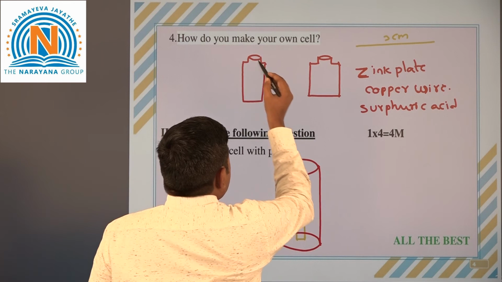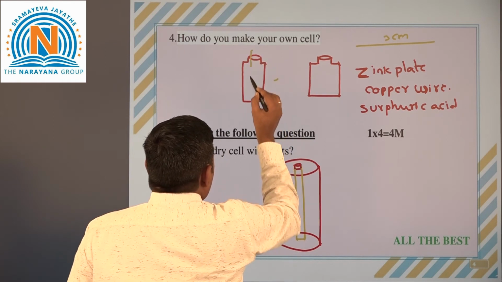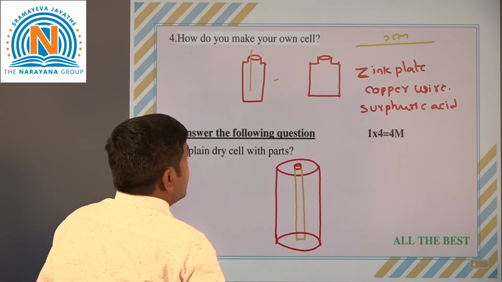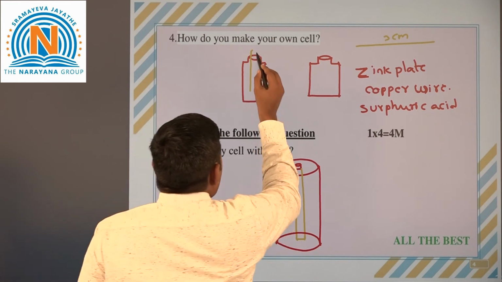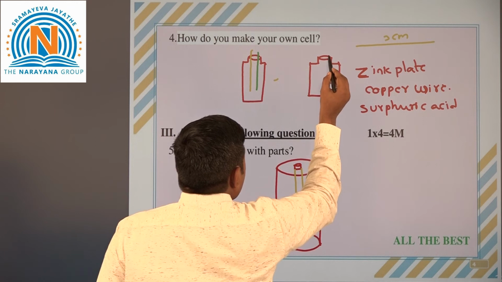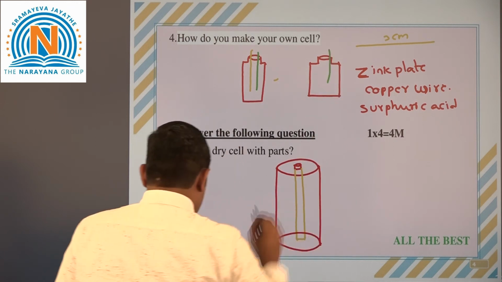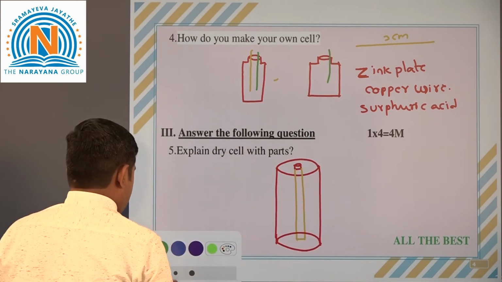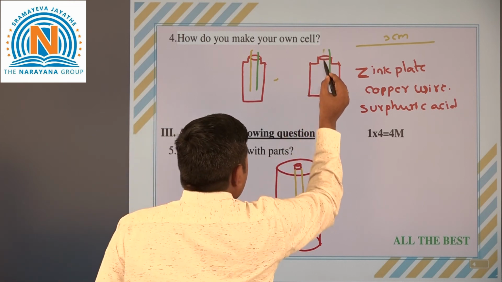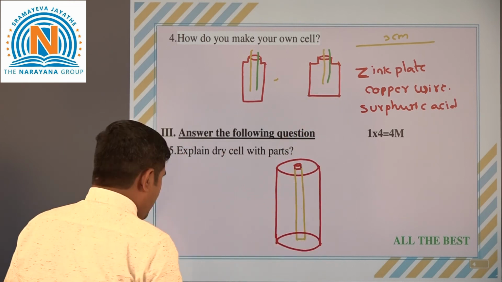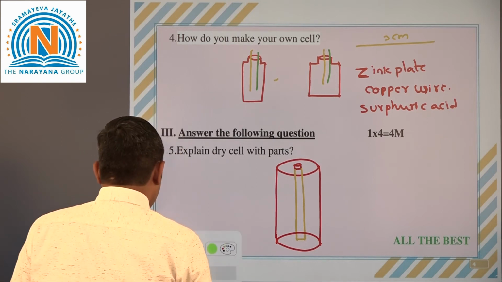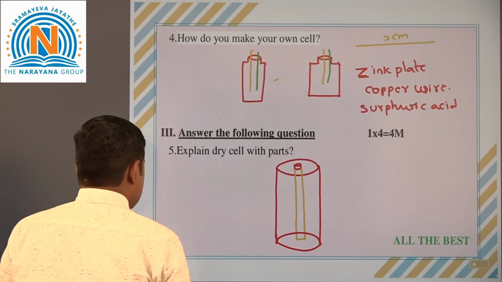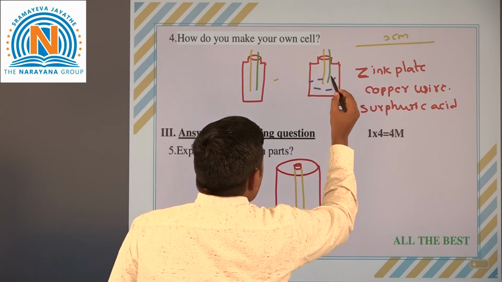Then you can insert the two, one is the copper plate and another one is zinc, without touching one another, in the syringe bottle. After that you fill these bottles with sulfuric acid.